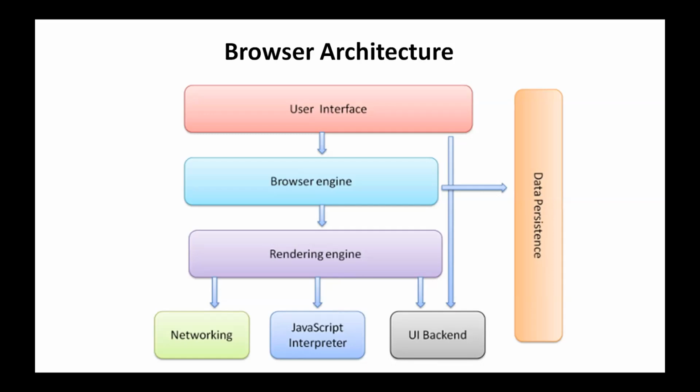The rendering engine's responsibility is to generate output. Output is generated by the rendering engine. And networking is responsible for transporting data. Later I will tell you in detail. The interpreter is responsible for converting JavaScript into something understandable for the browser. It is actually a JavaScript translator.